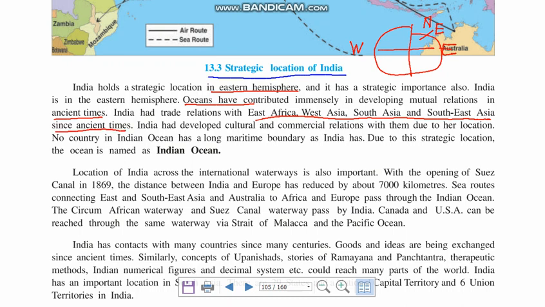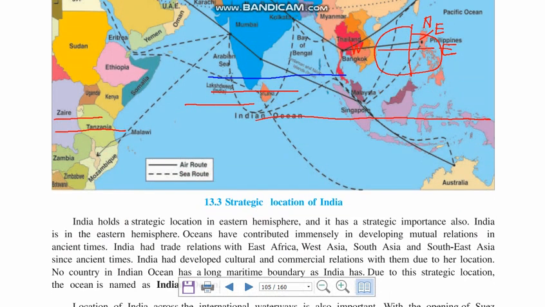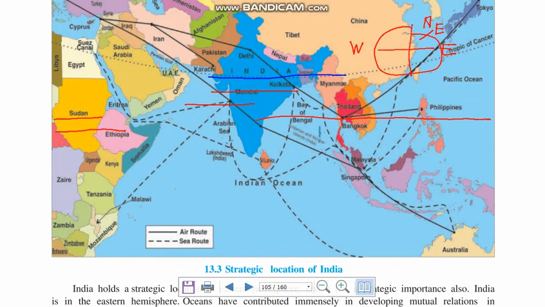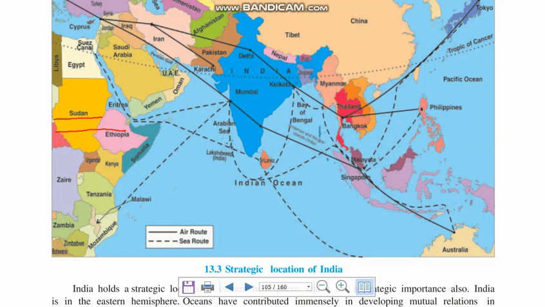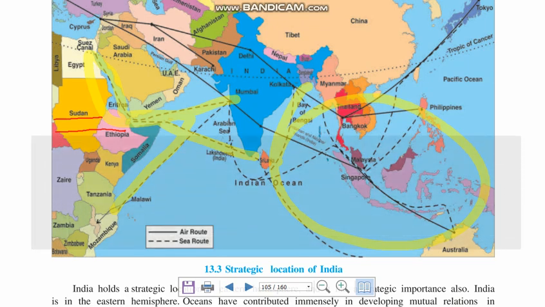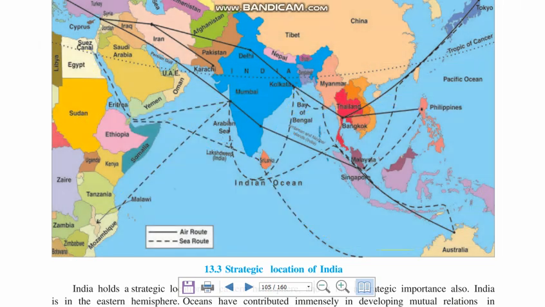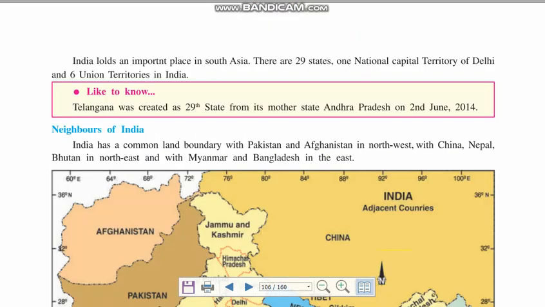In this particular map, you can see that India has trade relations with all these countries. So from ancient times India has had good relations and trade with other countries.